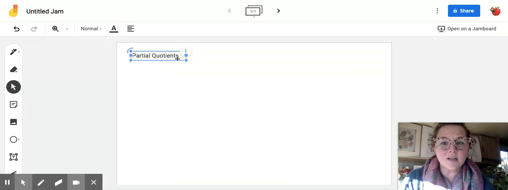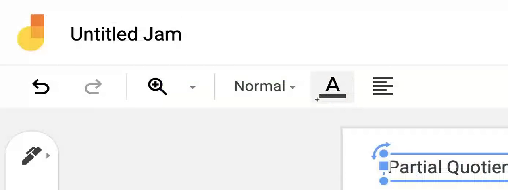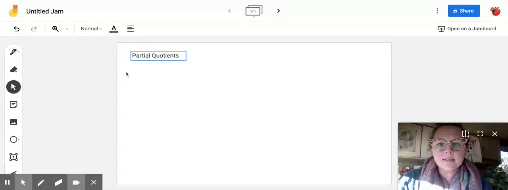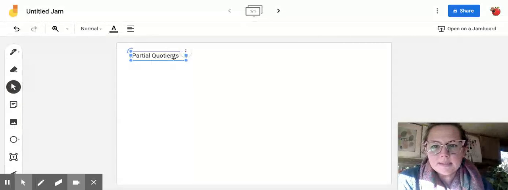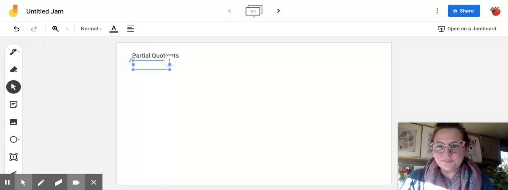That is the question. So let's actually look at the word partial quotients and define it. That's what I'm looking for. Okay, so what does partial mean? Partial is like pieces of, or part of.